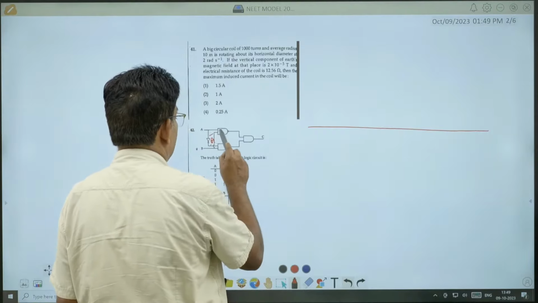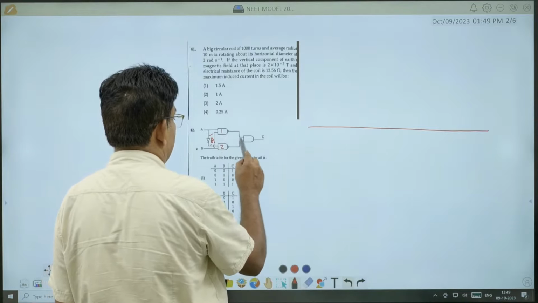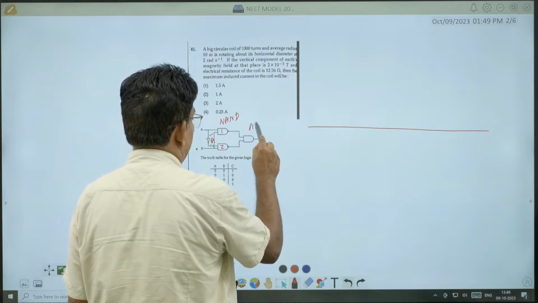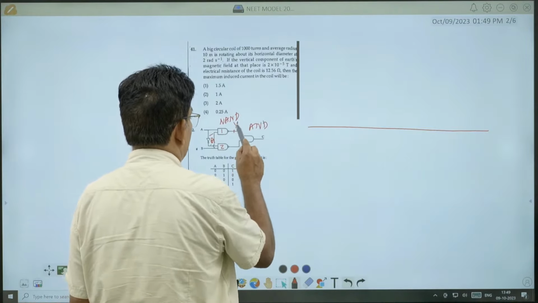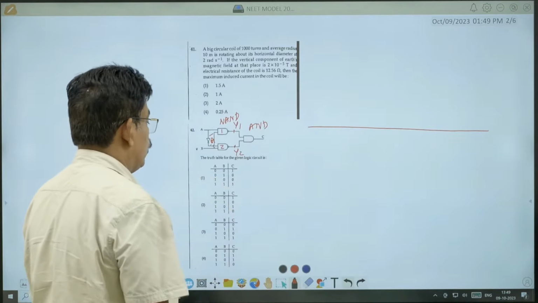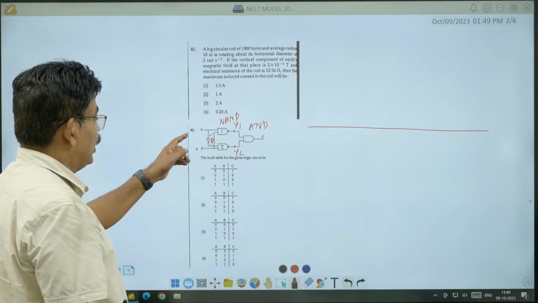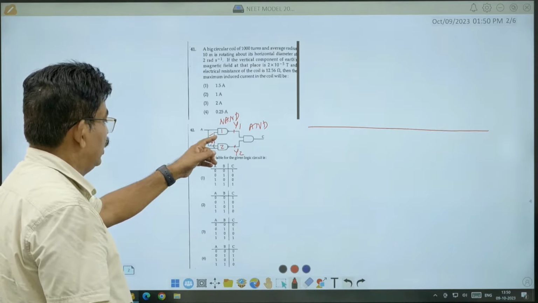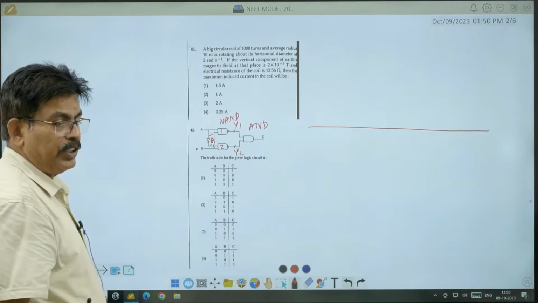So this is a NAND gate, this is a NAND gate, these two are NAND gates, and this is a NAND gate. The output of the first NAND gate is Y1, output of the second NAND gate is Y2. Input for the first NAND gate is A and B. Input for the second NAND gate is A bar and B. You can see from the diagram.